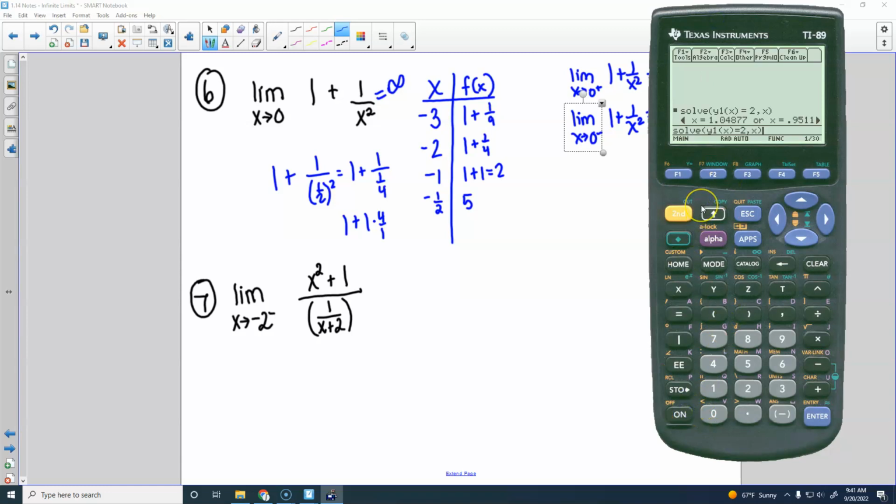Everybody try this on your calculator. Once you get it typed in and y equals, make sure that it looks right.